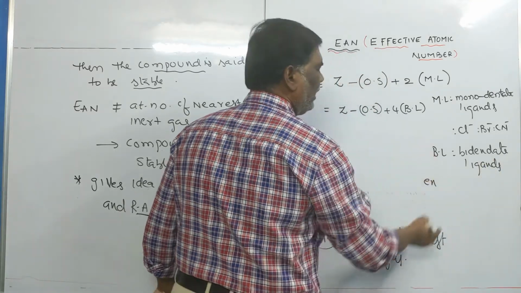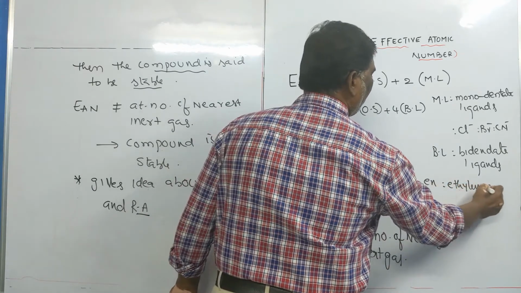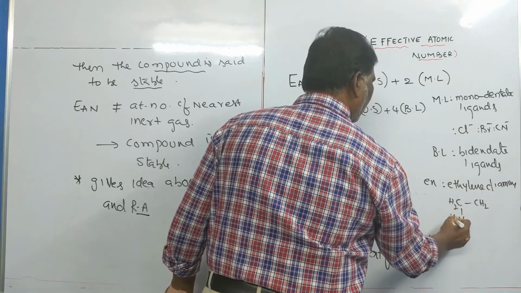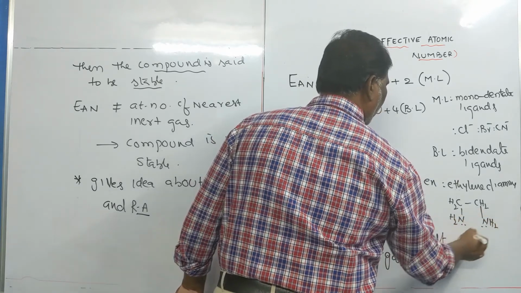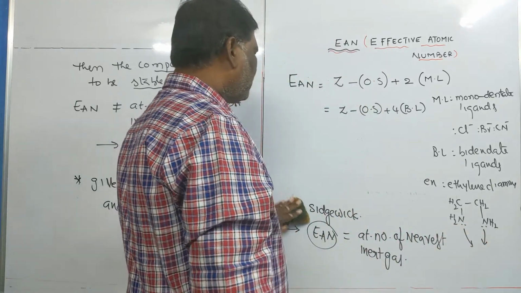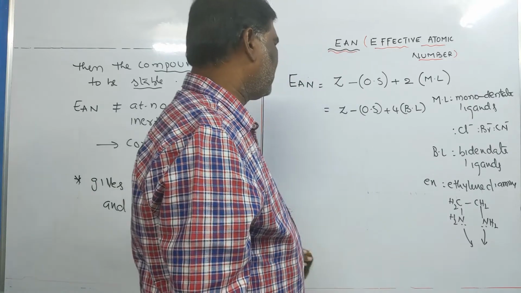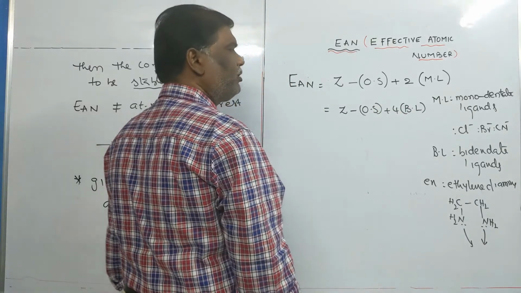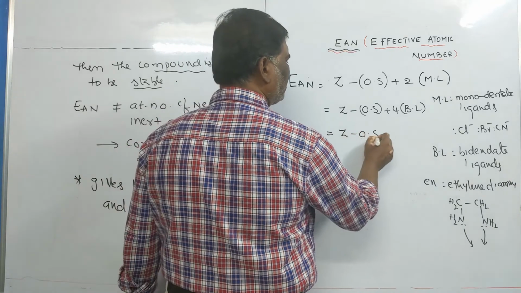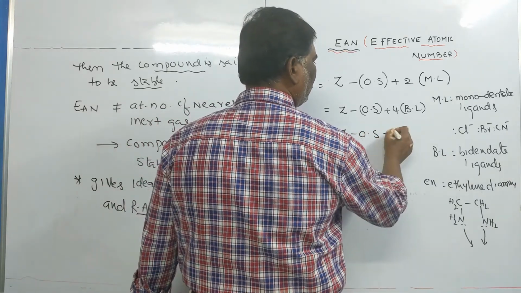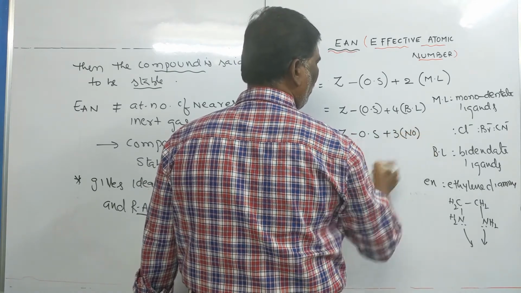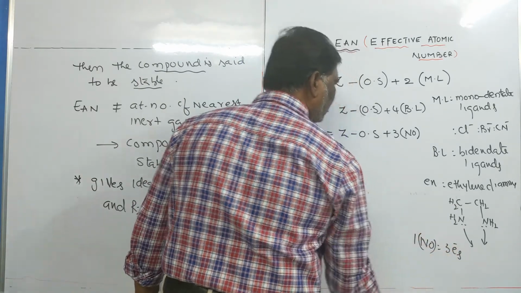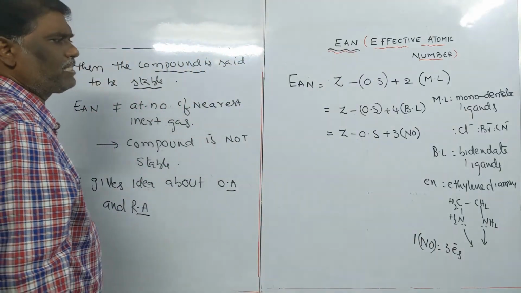For example, each ethylene diamine can donate 4 electrons for bonding, which is why it is known as a bidentate ligand. For NO, it is Z minus oxidation state plus 3 into the number of NO molecules, because one NO donates 3 electrons for the complex compound formation.